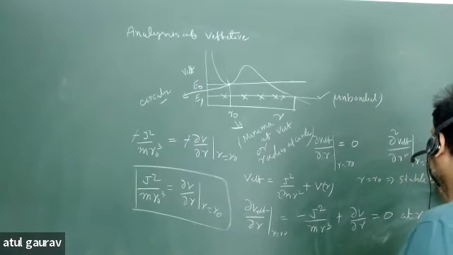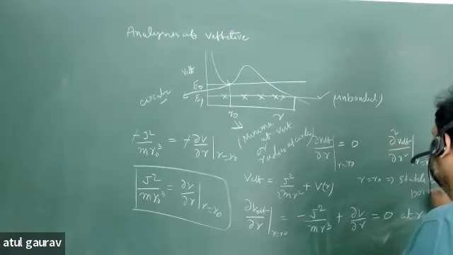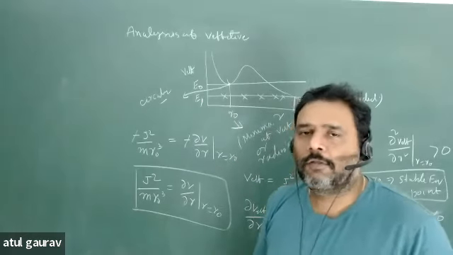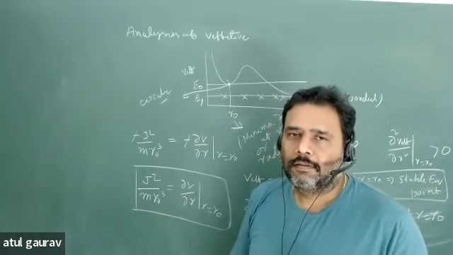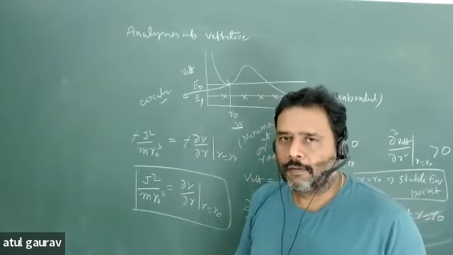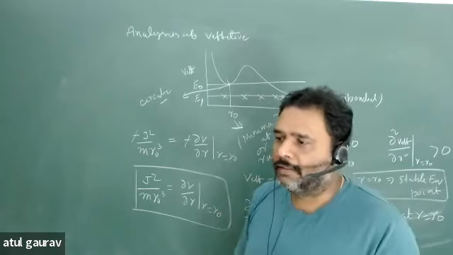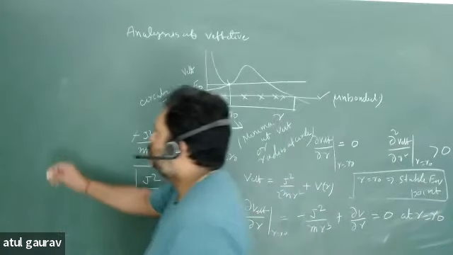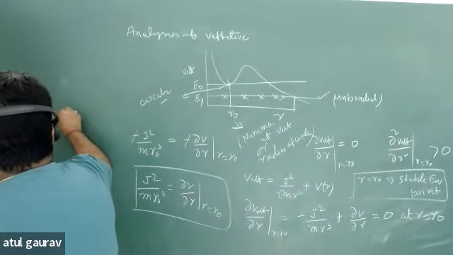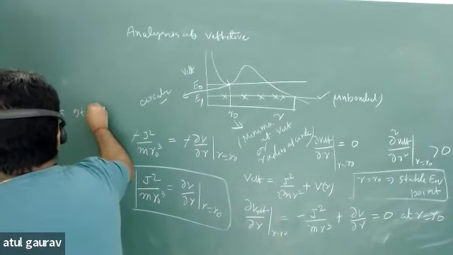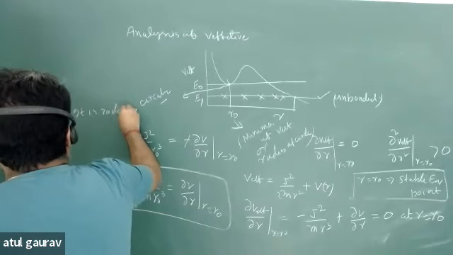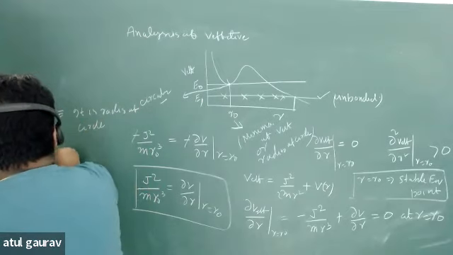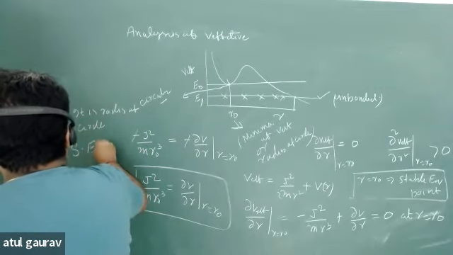Stable equilibrium point. What is the condition of a stable equilibrium point? The point must be what? Just now we saw the minima of a curve, and if you plot this V effective, this R naught has two significances. One, it is identified as the radius of the circle, and second, it is equivalent to the stable equilibrium point.